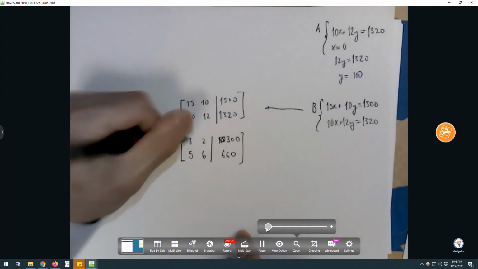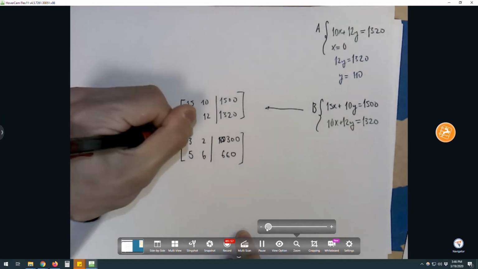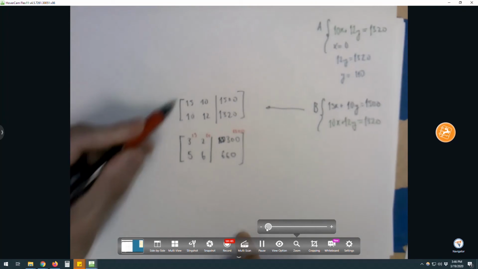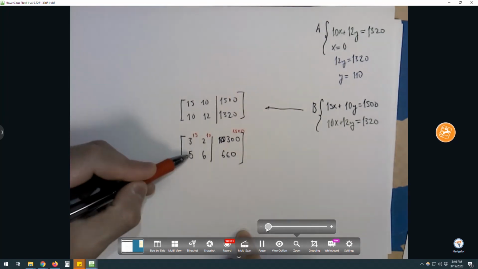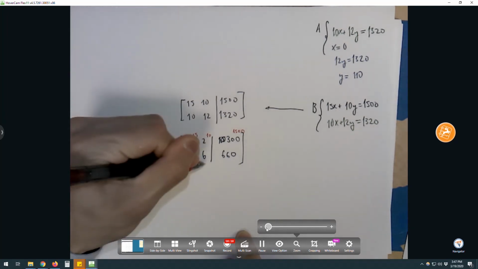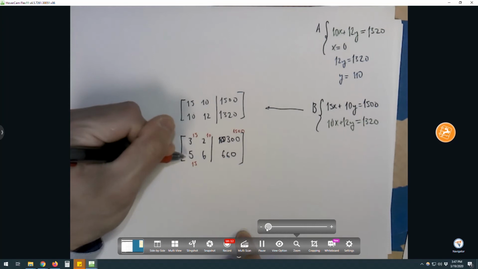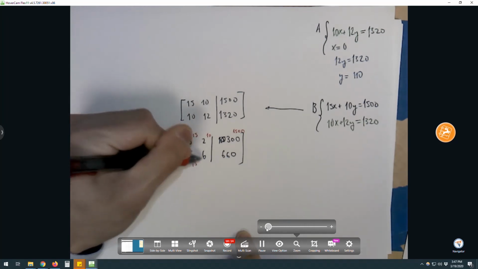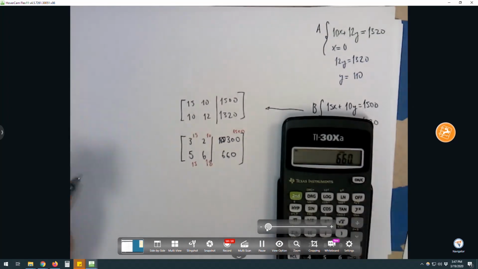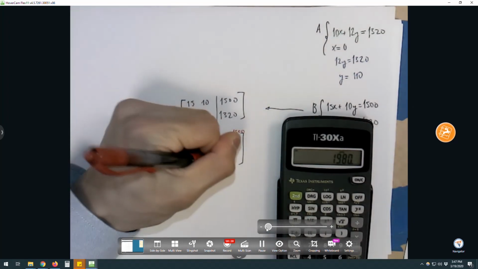If we multiply this by 5 here, we'll get 15, 10, 1500. We get back what we just multiplied here. And then if we multiply this one by 3, we get 15, 18, and then 660 times 3. So 660 times 3 is 1980.